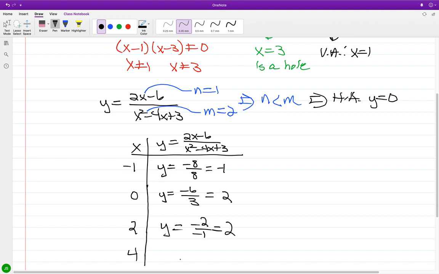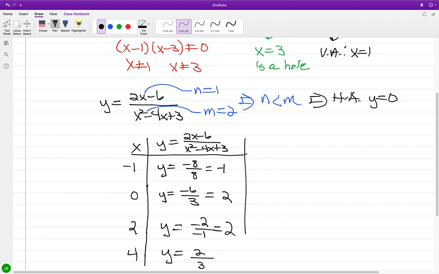And just for another point, if I have x at 4, you have 2 times 4 is 8, minus 6 is 2. And we have 4 squared minus 4 times 4, that becomes 0, and adding 3, so you have y is equal to 2/3.